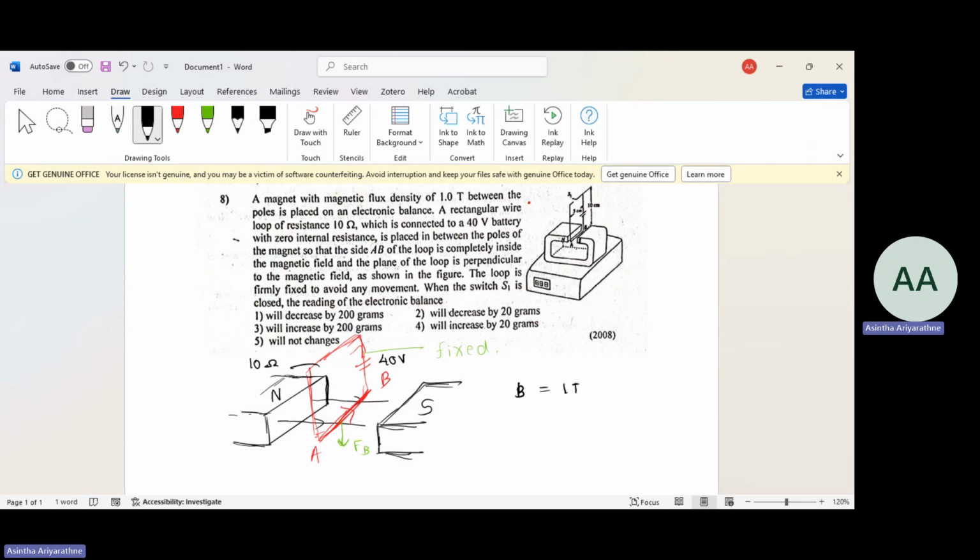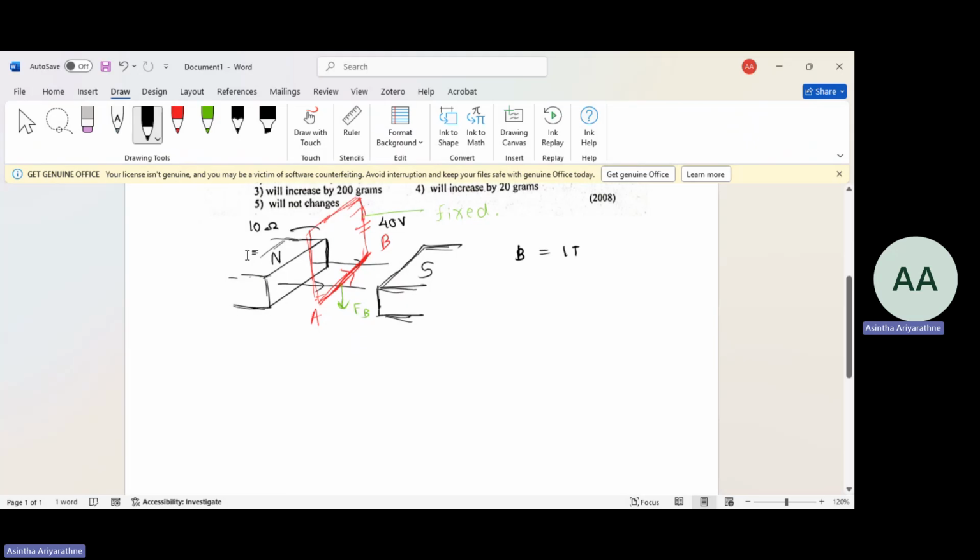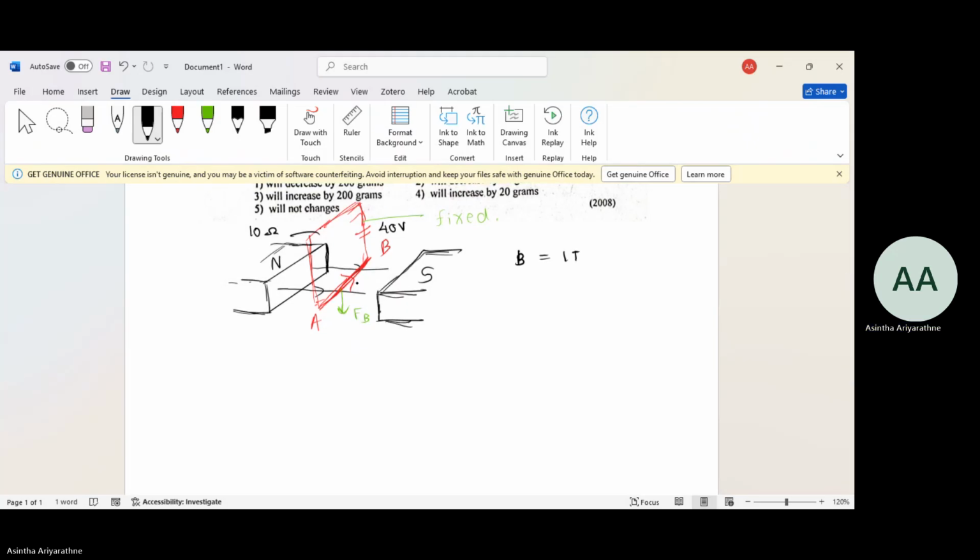It is noted in the figure that this length AB is 5 centimeters.